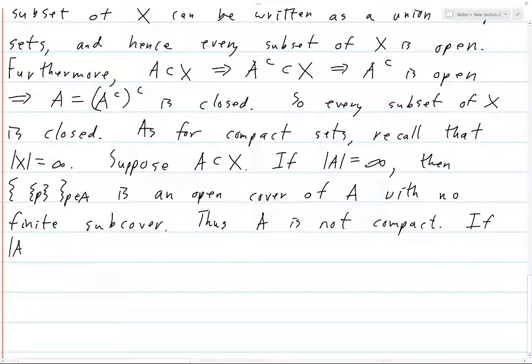If the size of A is finite, say the size of A equals n, and let's call this U alpha. I think we usually use alpha when we're indexing arbitrary collections of sets.